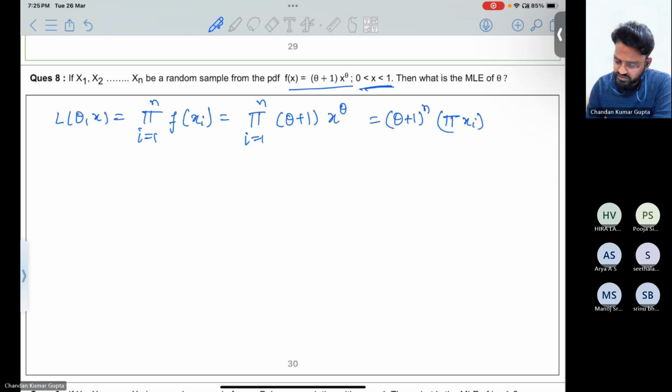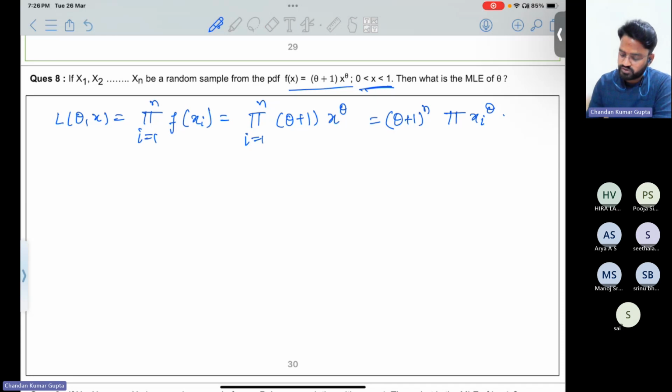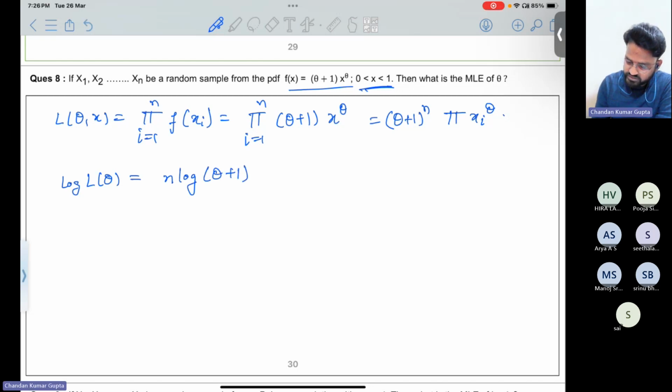There is a mistake here. We write it like this: product of xi power theta, so x1 power theta into x2 power theta. Now taking log, log of L(theta) is equal to n log of (theta plus 1) plus theta times the summation of log of xi.